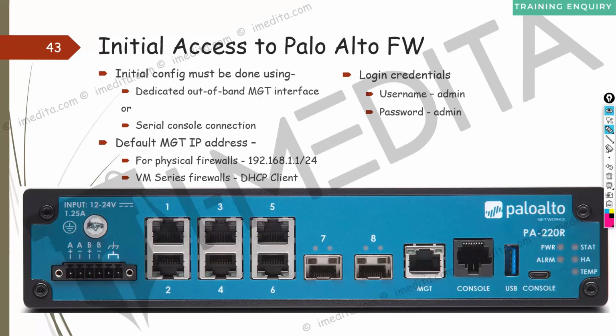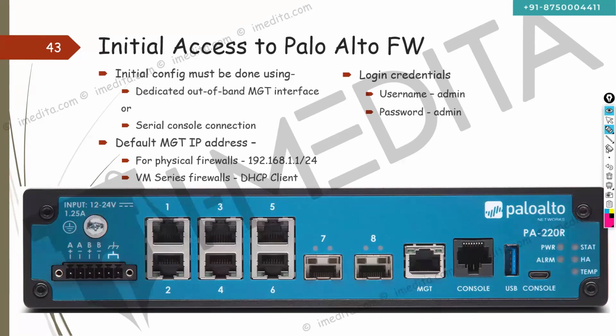In these slides we also learned the difference between UTM and Palo Alto. Actually, at present there is not too much difference between next generation firewall and UTM, because they all provide sandbox inspection.